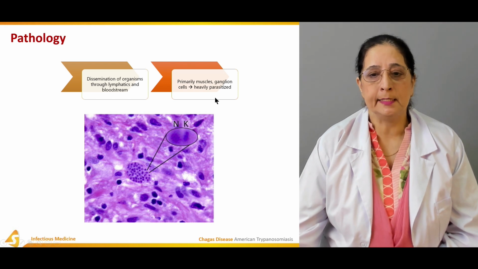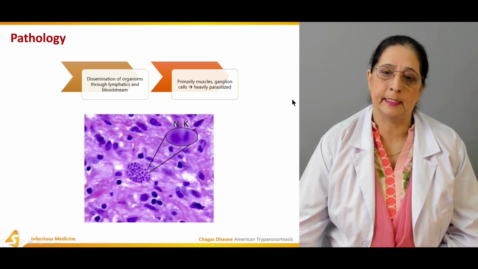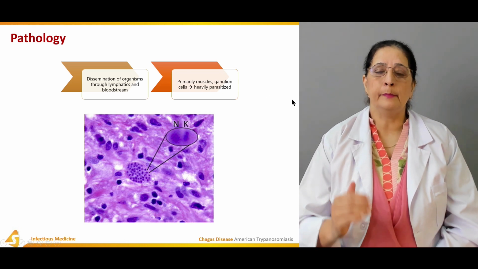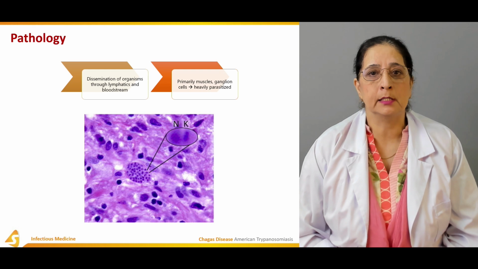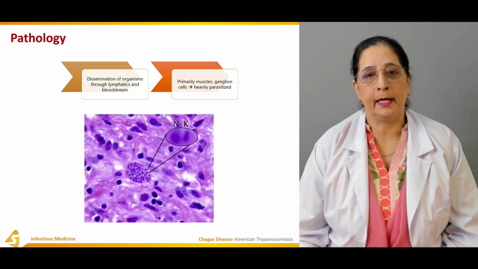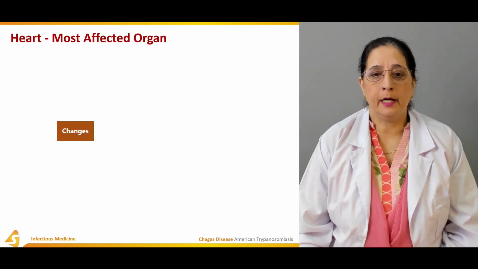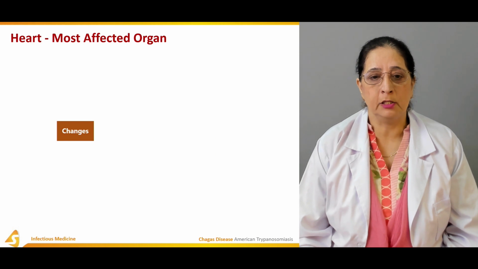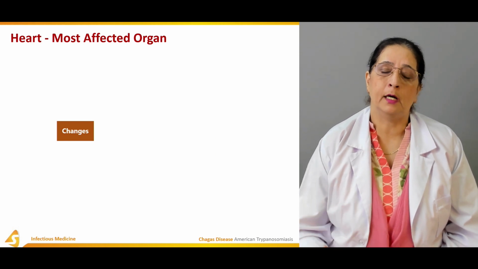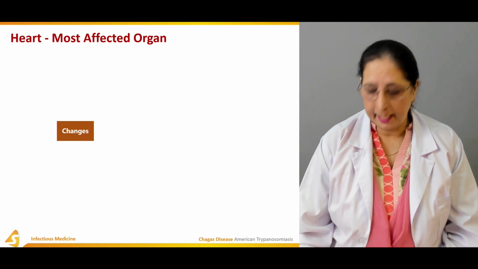Primarily muscles and ganglion cells are heavily parasitized. So all these muscles and ganglion cells are parasitized through the lymphatics and the blood. Heart is the most affected organ, and what are some pathological changes that can occur in the heart?